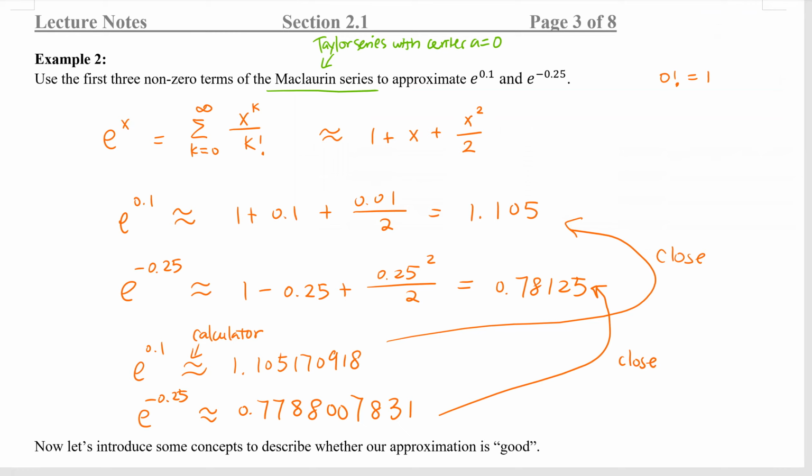And you may say, well, e to the 0.1 is closer compared to e to the minus 0.25. Well, remember the Taylor series? The center is 0. So if the value x is closer to 0, then the approximation is more accurate. So far, so good, everybody? And you can see, when we use this Taylor polynomial approximation, we only use the four basic operations: plus, minus, multiplication, and division.